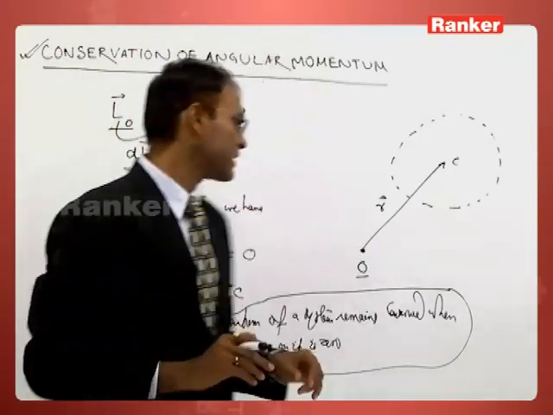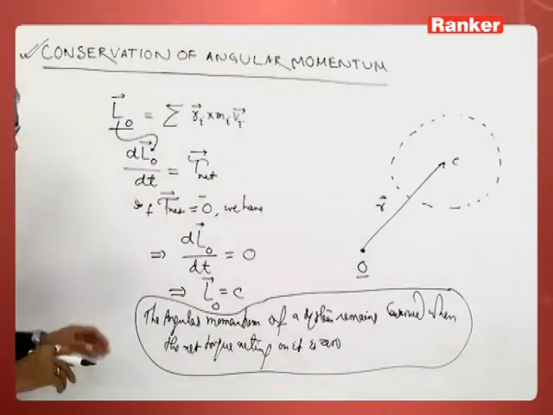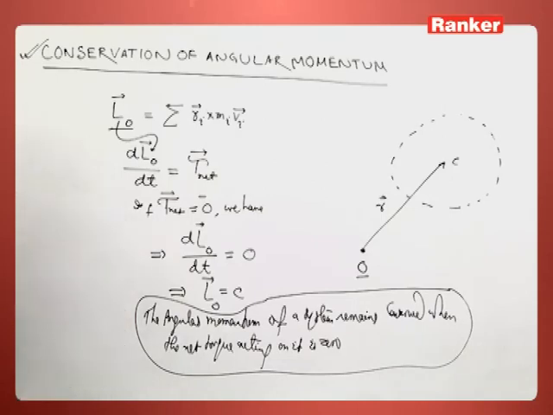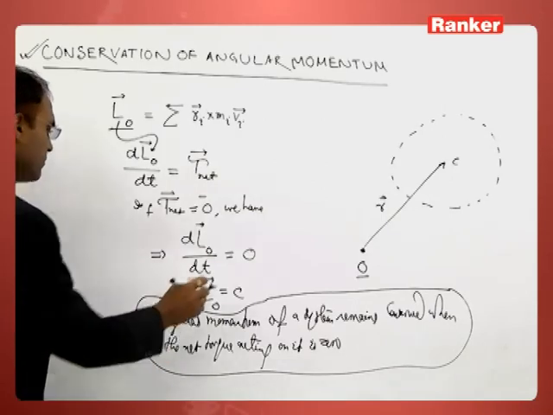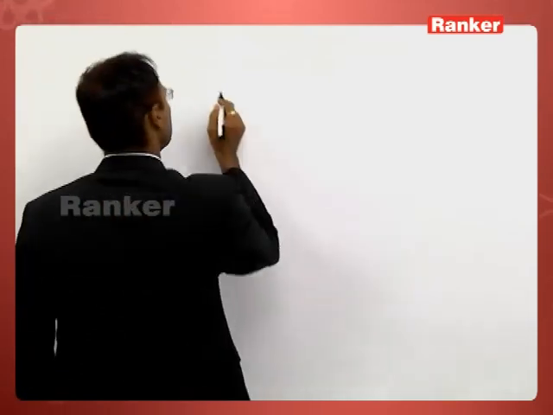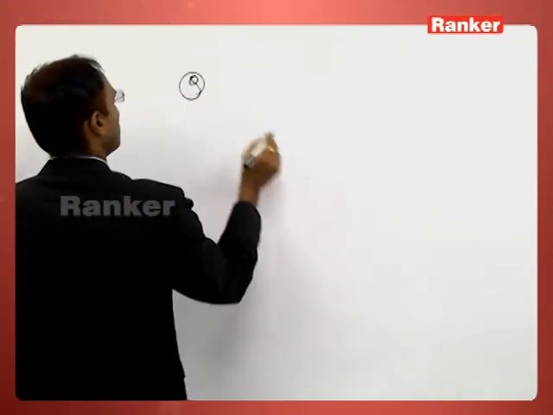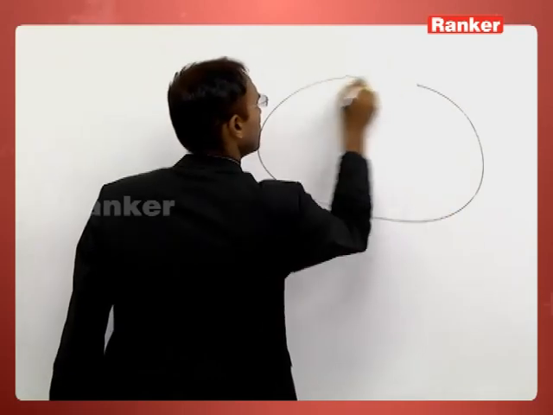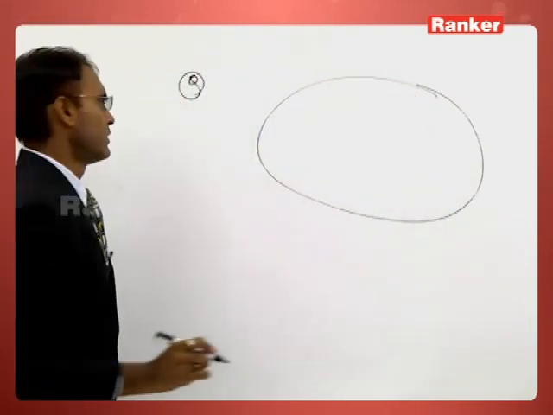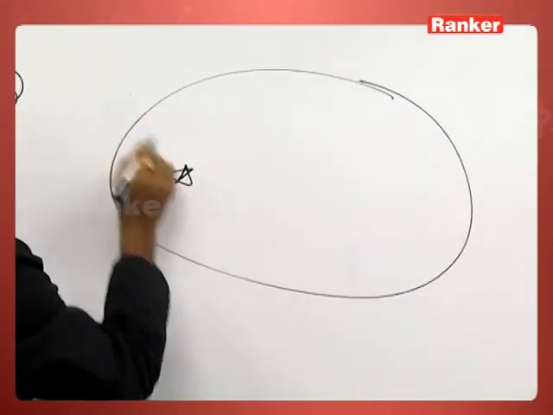Let us take some examples to understand this theorem. Say the sun-planet system.